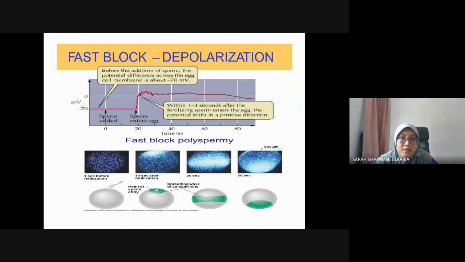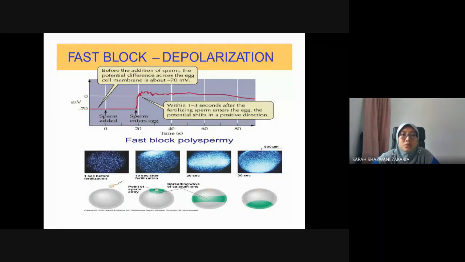This graph here just shows the membrane potential disturbance. The membrane potential is at negative 70 millivolts, but once membrane depolarization occurs, it becomes more positively charged.